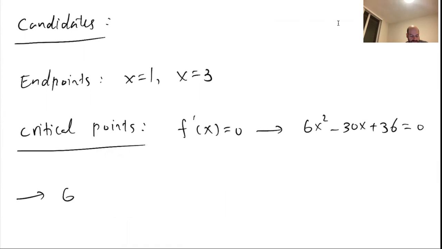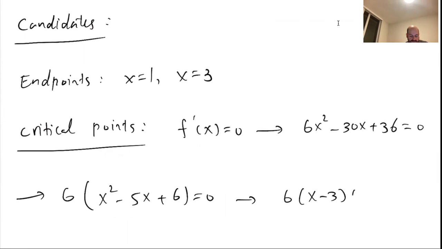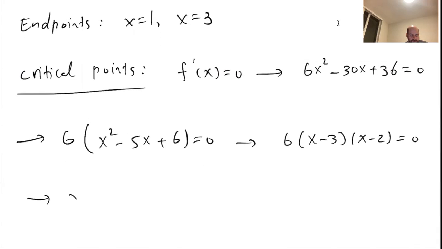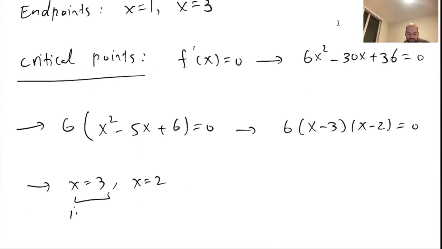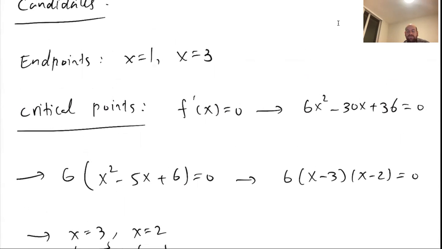If I take 6 out, x squared minus 5x plus 6 equals 0. That gives me 6 times x minus 3 times x minus 2 equals 0. And that gives me x equals 3 and x equals 2. And x equals 3 was already included above. I don't need to include it twice. And this one is an additional point.